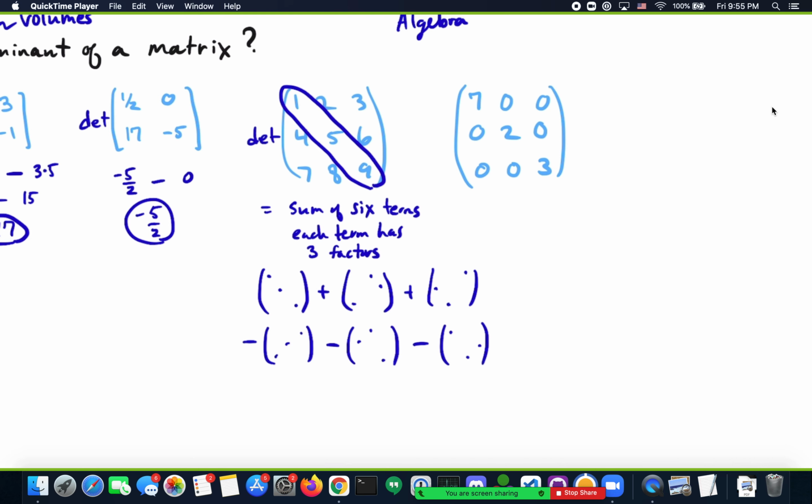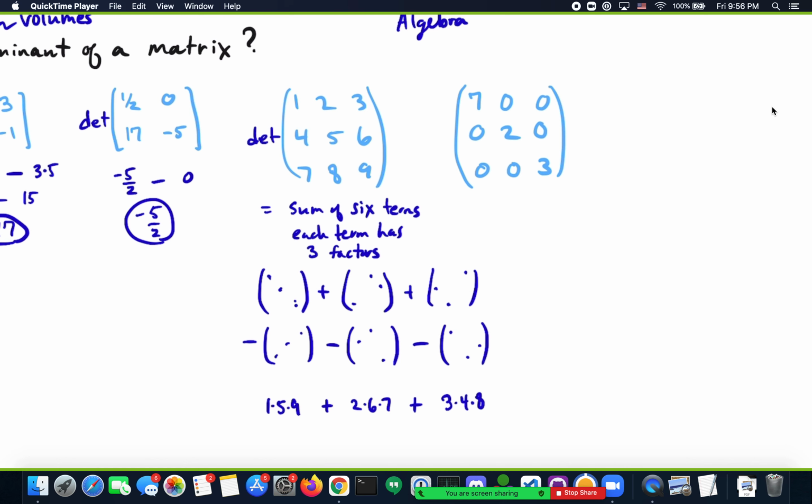And so let's turn this into numbers. 1 times 5 times 9. These are the 6 terms in the picture, and I'll take this first one and put it here. So 1 times 5 times 9 is here. Plus, now this one becomes 2 times 6 times 7, plus this one is 3 times 4 times 8. Obviously, when you multiply these numbers, you can do them in any order.